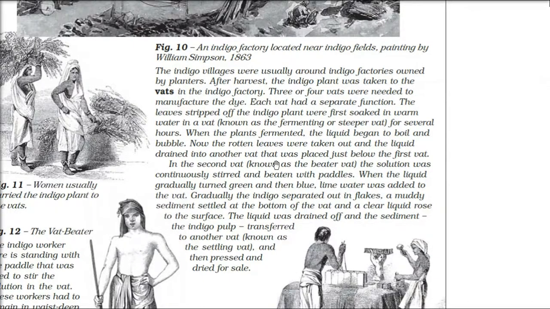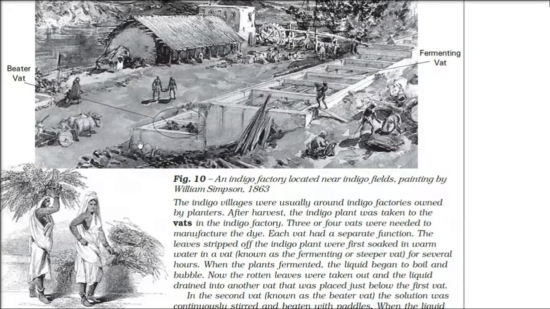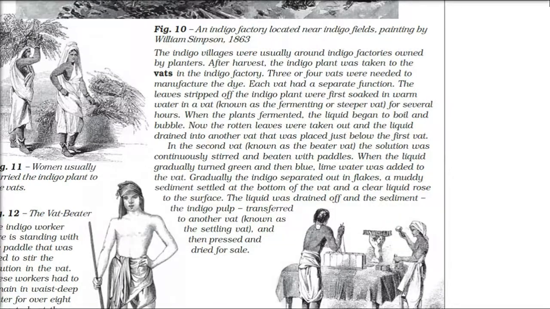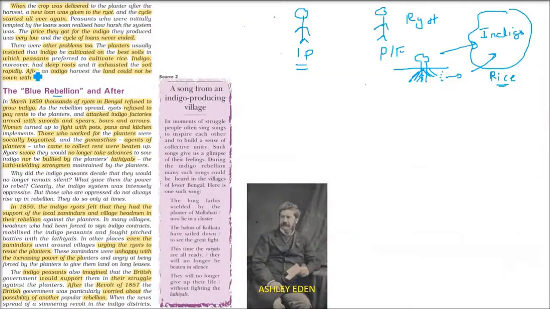When they put the lime water, the below portion will have the solid part, and the liquid will be drained off. So there will be a sediment of basically the indigo pulp. So this is how indigo is formed, and finally it's sold and sent wherever it is to be sent.